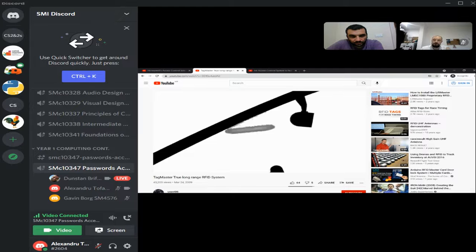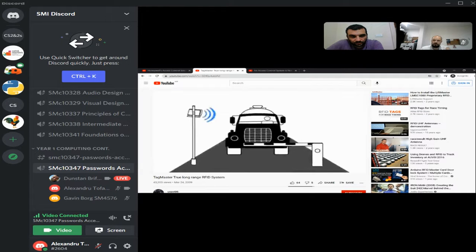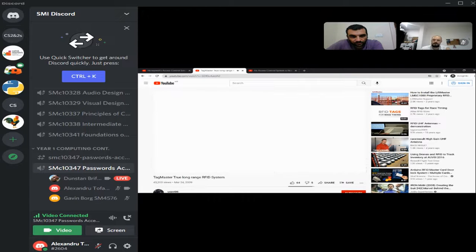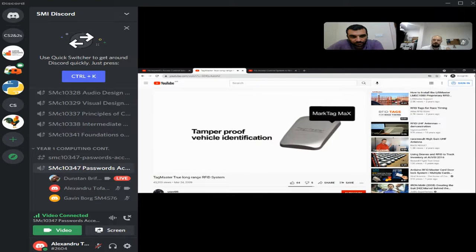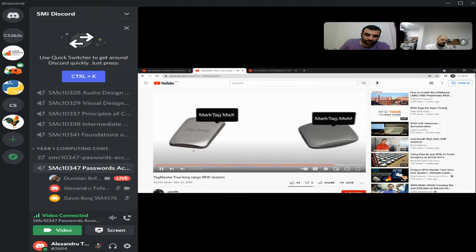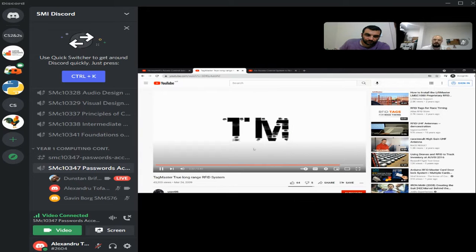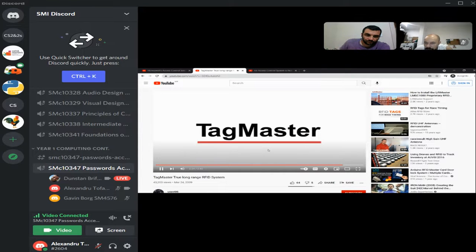This ensures that the correct vehicle is identified and given access. It has a narrow read range up to 14 meters and a nominal battery lifetime of 6 years. The MarkTag Max is the best solution for safe and secure vehicle identification. These two new products add to the already wide range of great RFID products from Tagmaster. Get online and look at all our products.